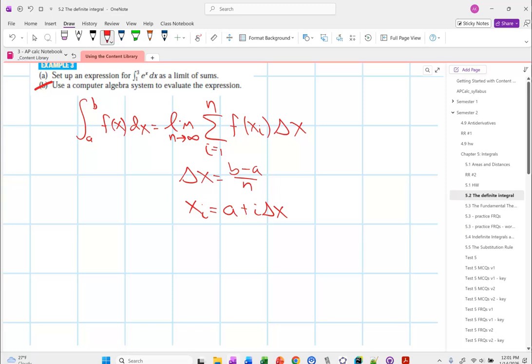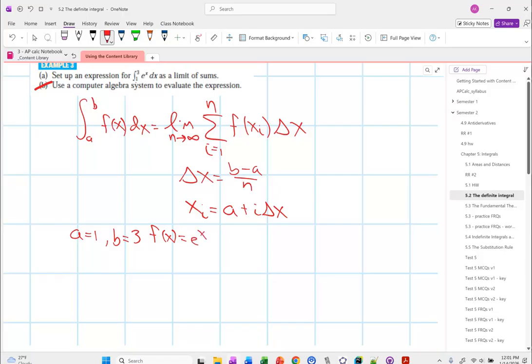Right? So that's the formula that we're going to use. So for our particular problem, our value for a is 1, our value for b is 3, and our f of x is e to the x.